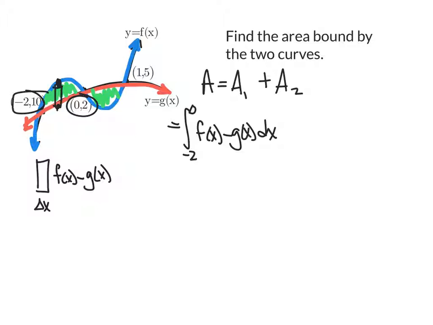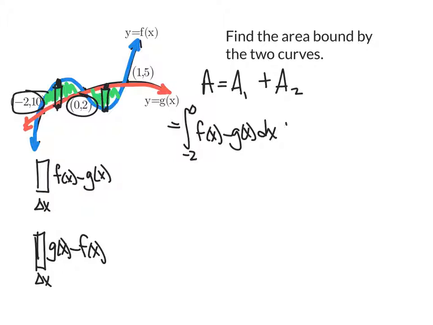Now for my next region, I'm going to think of another representative rectangle. And over this entire region, again, the base would be delta x, but now the red curve is on top of the blue curve over this entire region. So when I want to find the height of my rectangle, I'm going to take the expression that's on top, now it's that g of x, and subtract from it the one that's on bottom, the f of x.